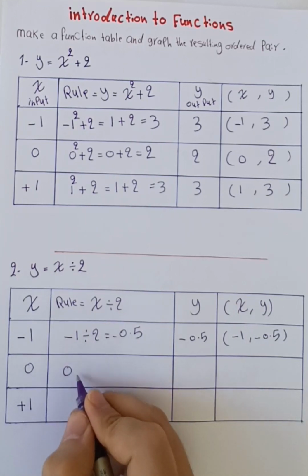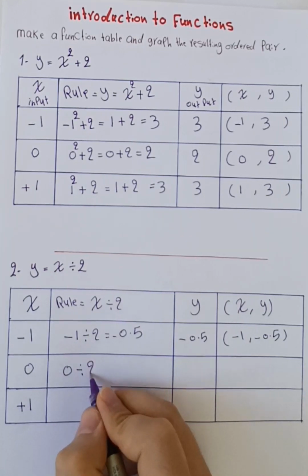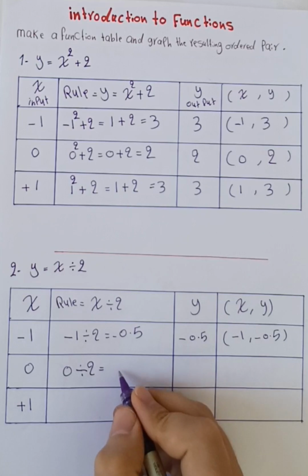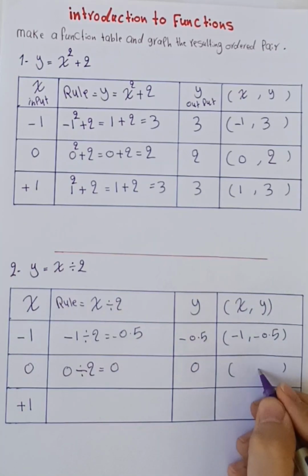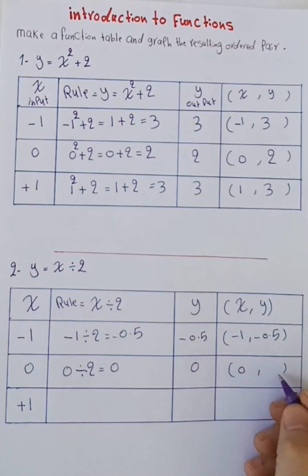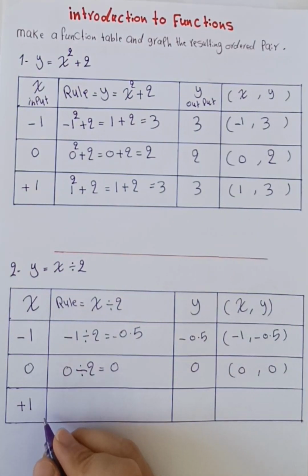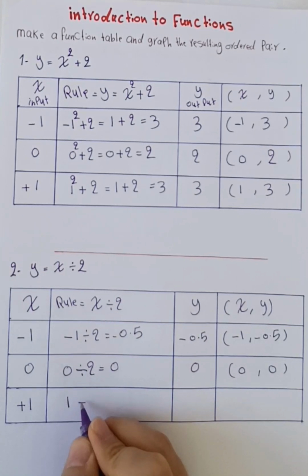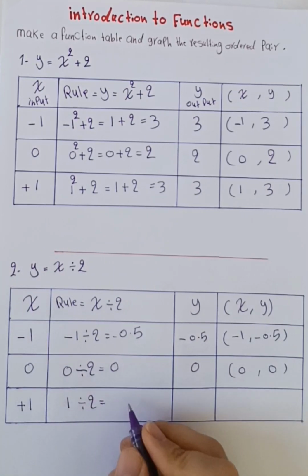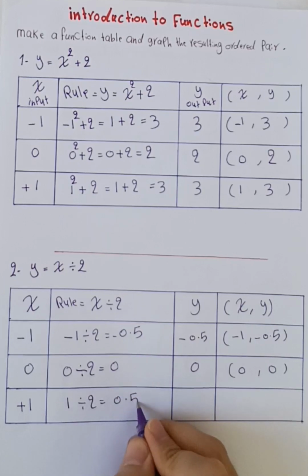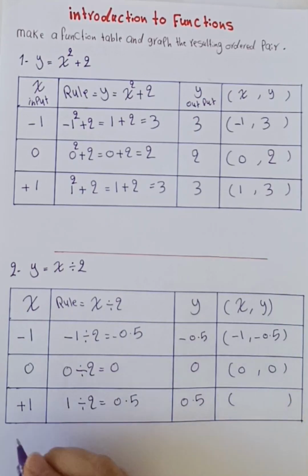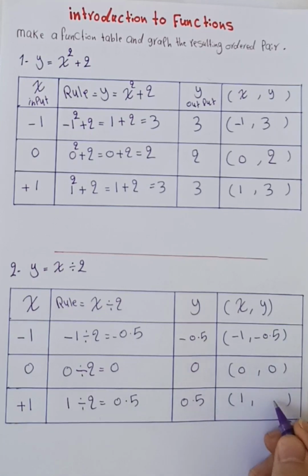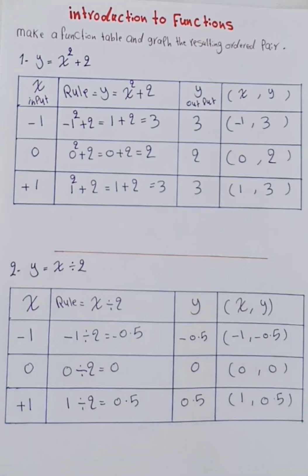So you have 0 divided by 2 equal to 0. So output is 0, and the ordered pair is 0 and 0. After that, the last point is +1. So you have 1 divided by 2 equal to 0.5. So the ordered pair x is +1 and y is 0.5.